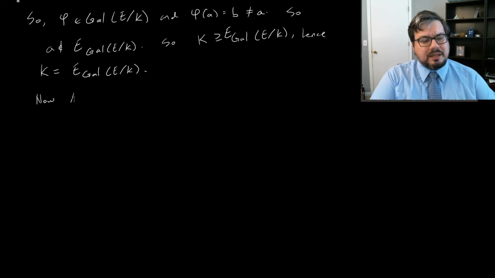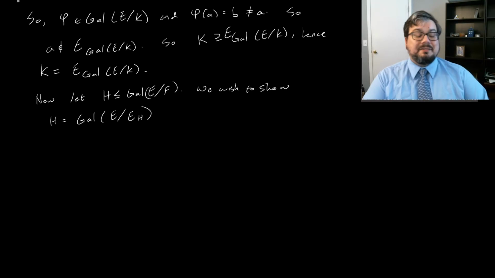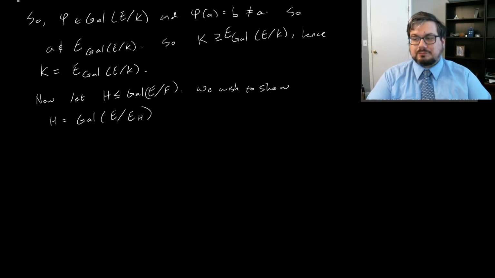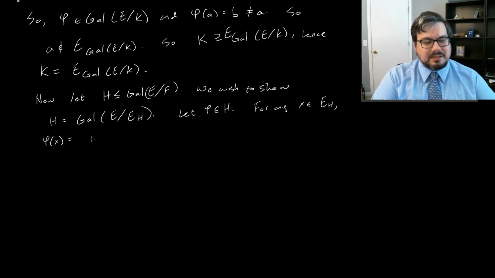So now let H be a subgroup of the Galois group of E over F. We wish to show that H is equal to the Galois group of E over the fixed field of H. So let phi belong to H. And then for any x in E^H, we have that phi of x is equal to x by definition.